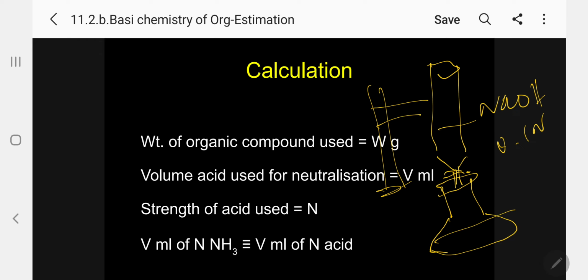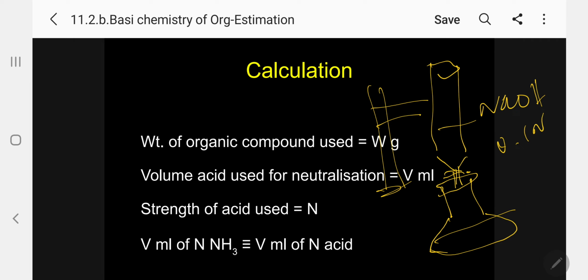Now you titrate against sodium hydroxide. Kindly follow. When you are titrating, using phenolphthalein as an indicator, the appearance of pink color is the endpoint.